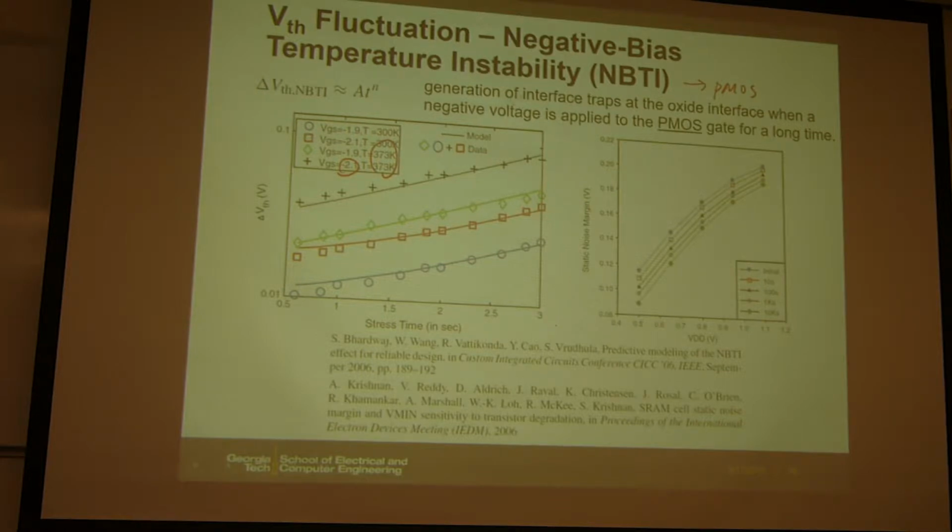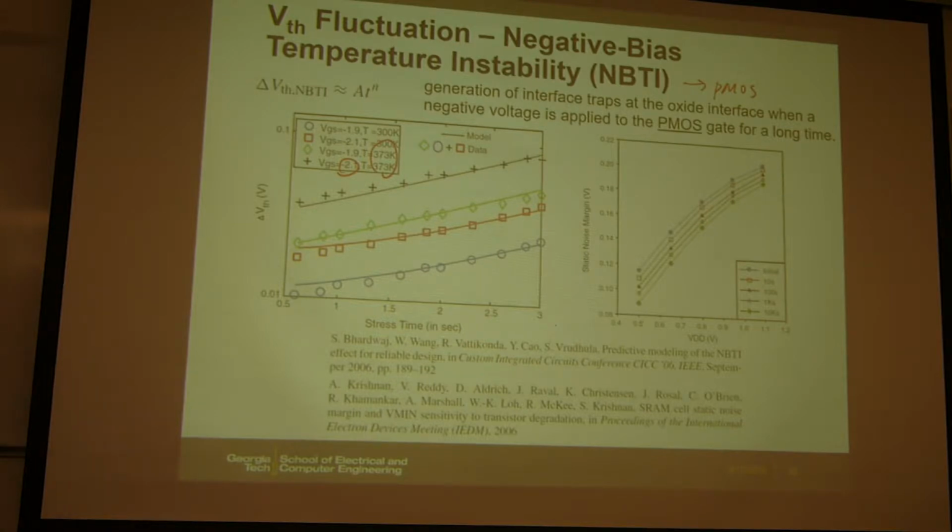So this is again due to the generation of those traps at the interface between the oxide and the channel. When you apply the voltage to the gate for a long time, it's like a stress to the gate, and then it may knock out some atoms, some oxygen atoms, and then you may generate a trap at the interface.